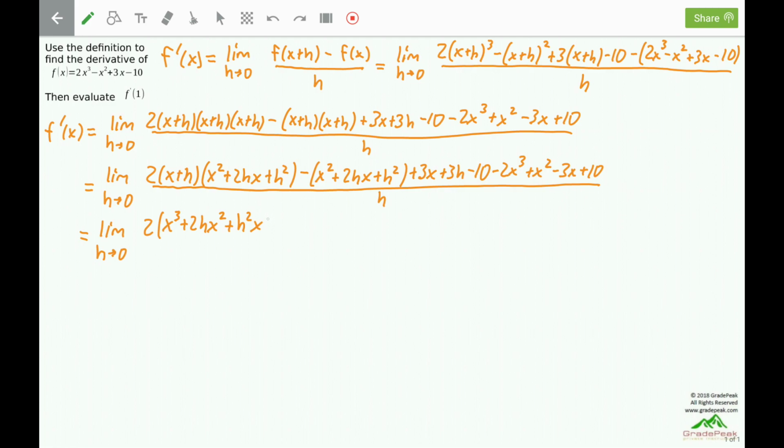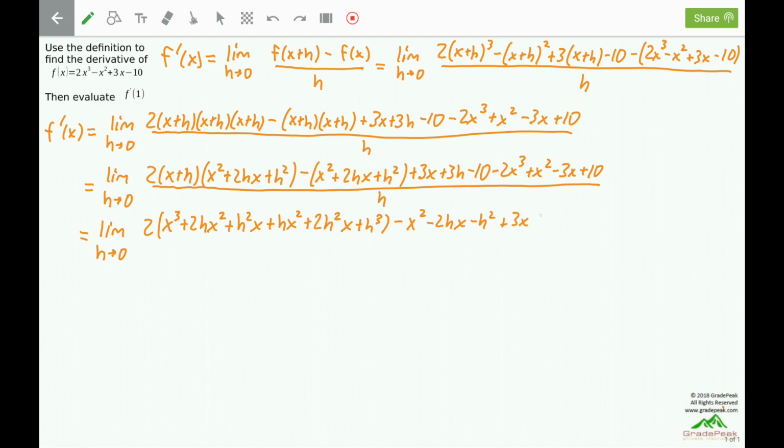So the next is going to be h times x squared, and then h times a positive 2hx, which will give us a positive 2h squared times x, and then h times a positive h squared, which will give us a positive h cubed. I'm also going to distribute a minus sign, so I will have a negative x squared, a negative 2hx, and a negative h squared.